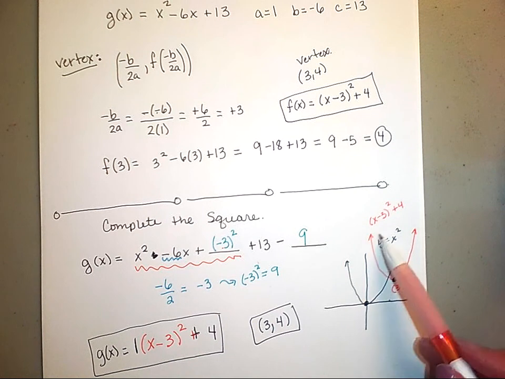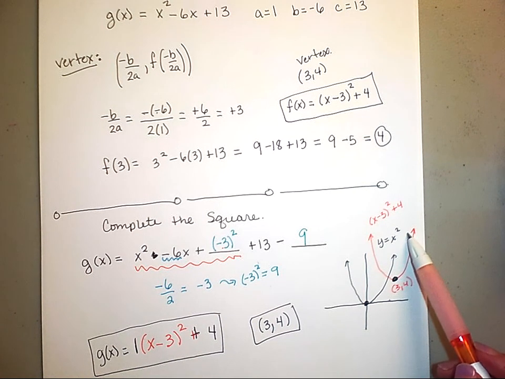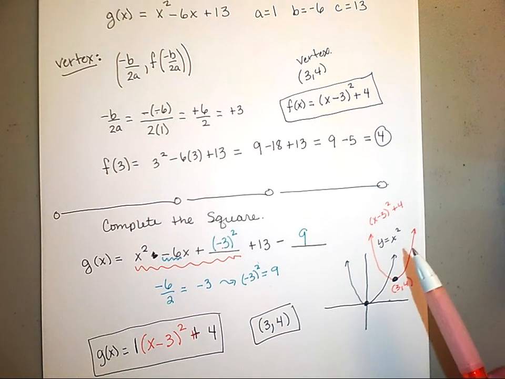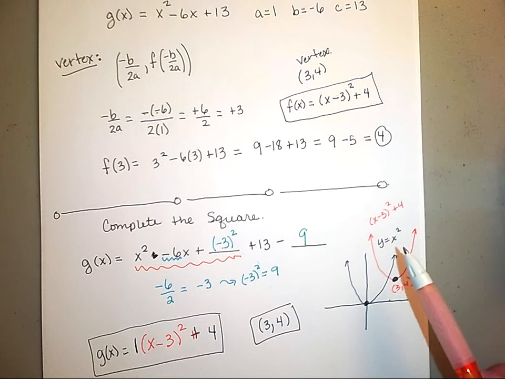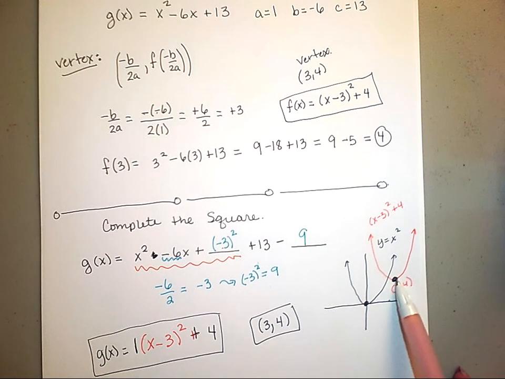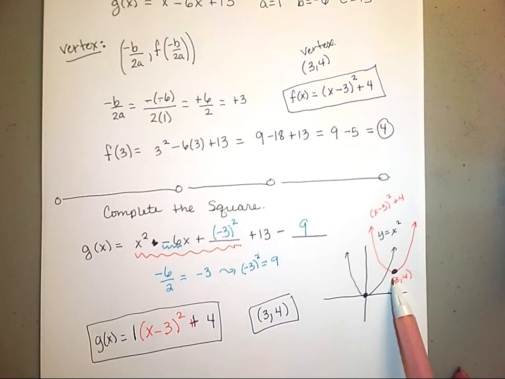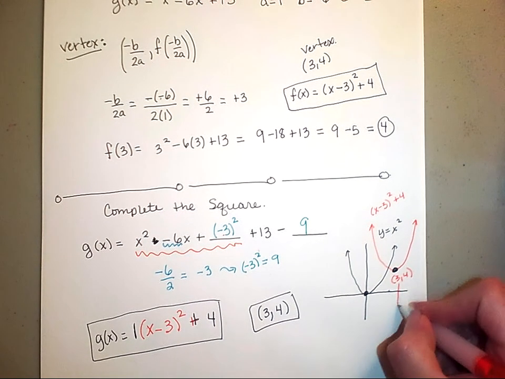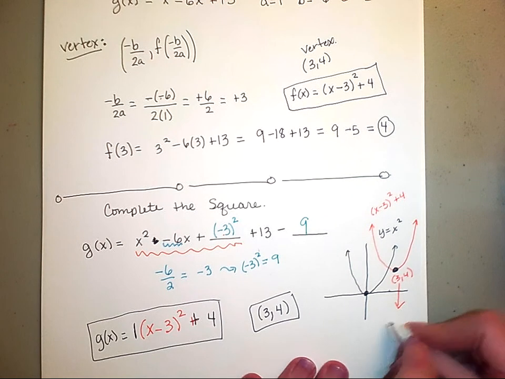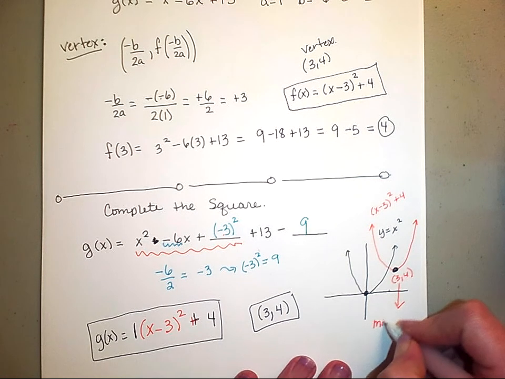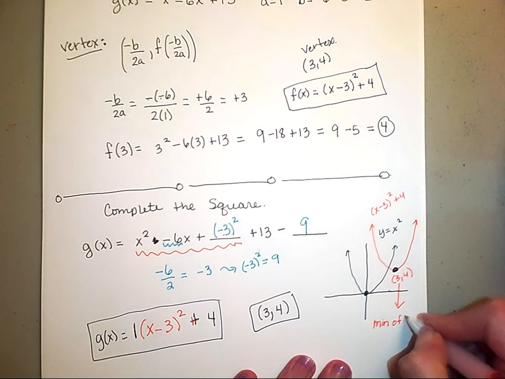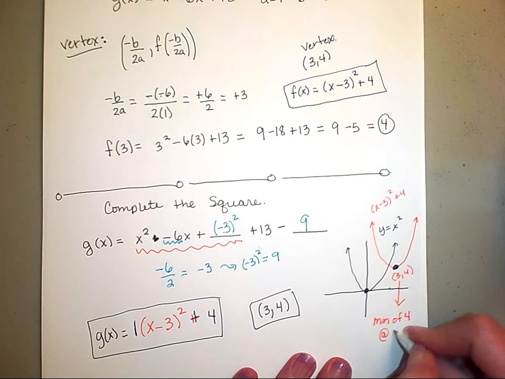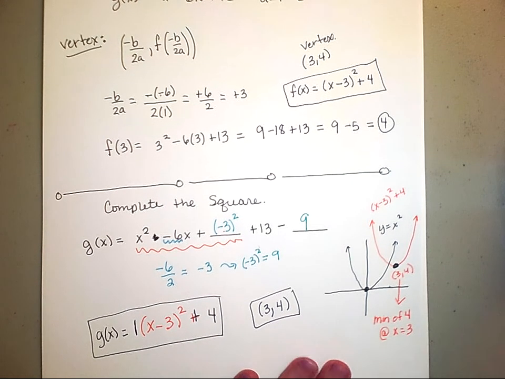Now, both of these graphs are concave up. Okay. And when graphs are concave up, they have a minimum. So in this case, the minimum value, now the minimum value is the y value. So we have a minimum of 4 at x equals 3.